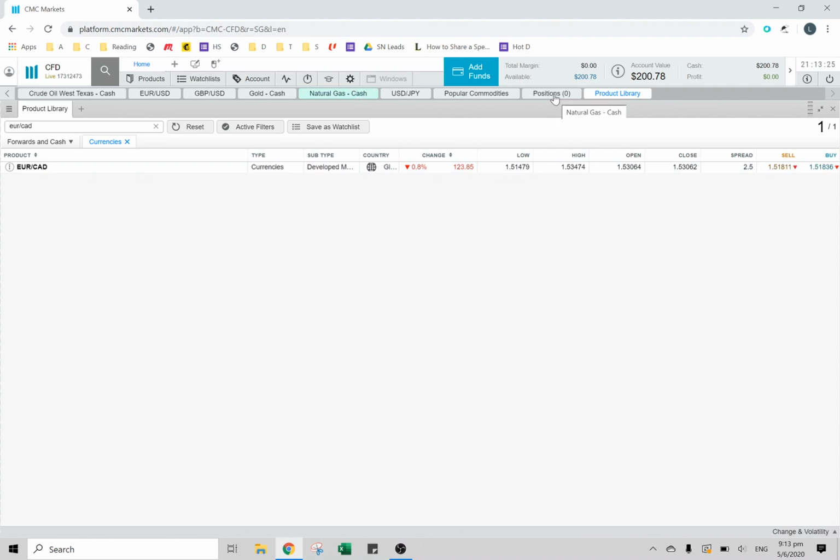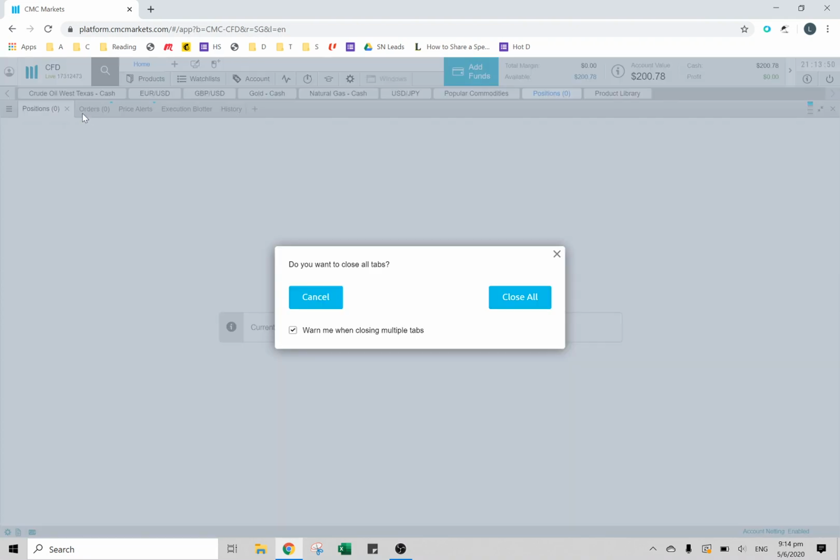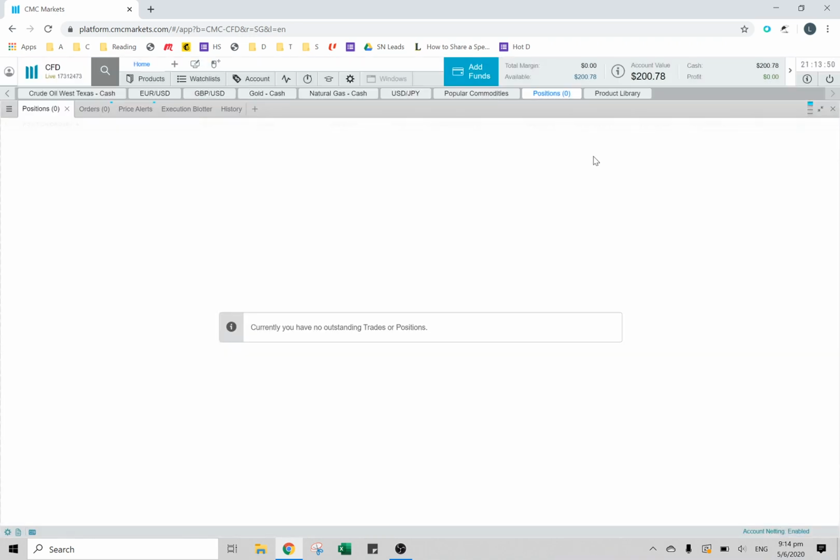Okay. Seems like I can't do it, which is very weird. Close all tabs. No, I don't want to close all tabs. I just want to close a few. What's going on? Okay, sorry guys, I can't continue.